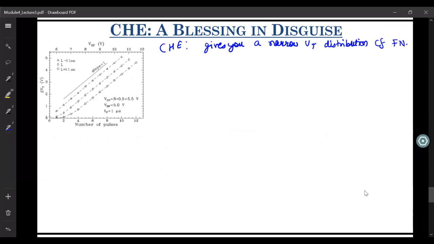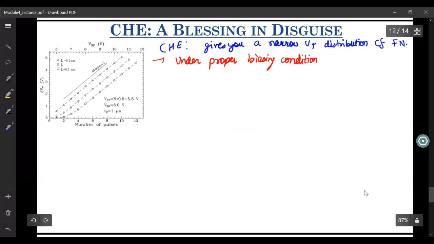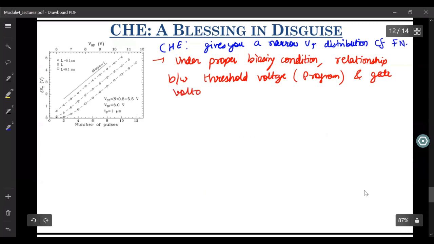And also, one more thing is there. And what is that? Under proper biasing conditions, the relationship between your threshold voltage to which you have programmed your device, so your programmed threshold voltage, and the gate voltage that you apply during your CHE is linear.